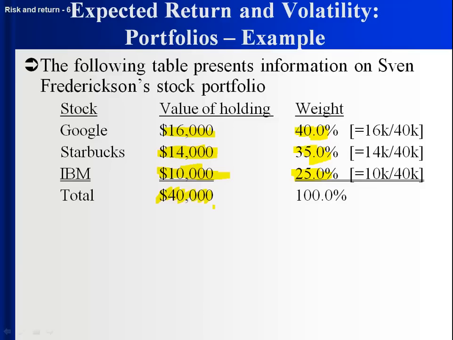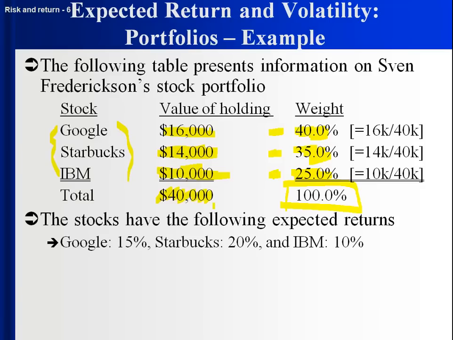So you can see it's overweighted in Google, a little bit in Starbucks, and underweighted in IBM. If it was equally weighted, it'd be a third, a third, a third, but that's not the weights. And a good check is to make sure the weights add up to 100%, because if the portfolio has 3 stocks, then the weight on those 3 stocks is going to be 100%.